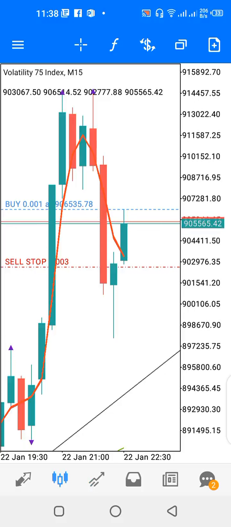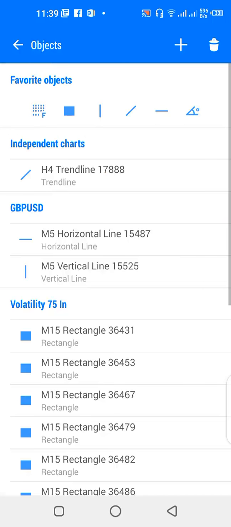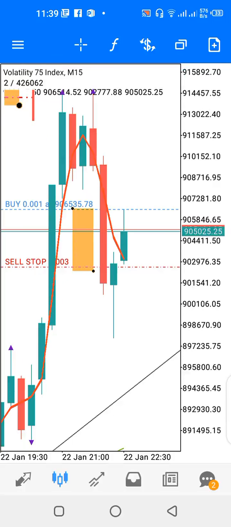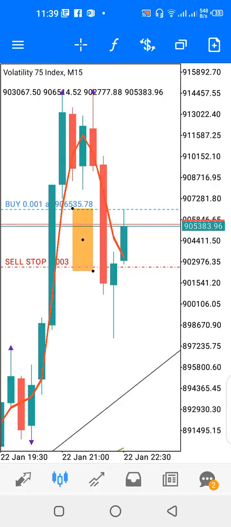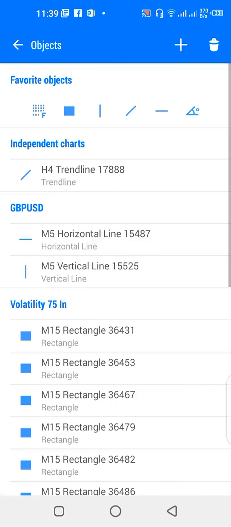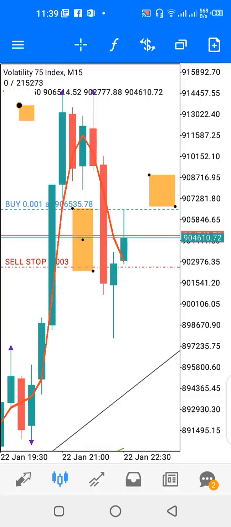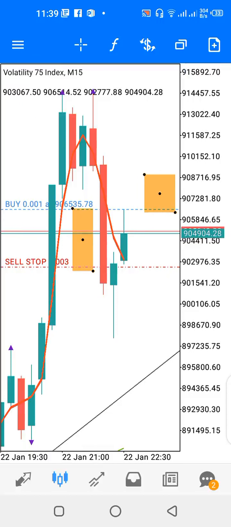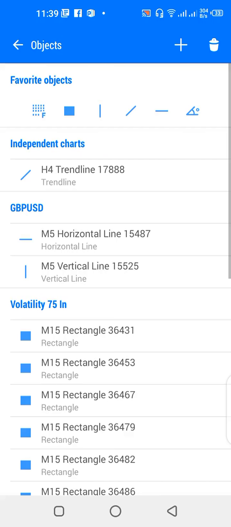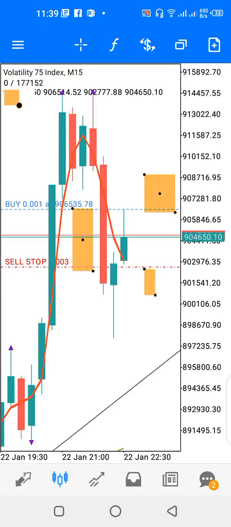Okay, so for Grail strategy, the distance between the buy trade and the hedge trade is a little bit below 4,000 points. Now you take profit on either side. Take profit on this side will be 2,500 points for volatility 75 index, and take profit to the other side is around 2,500 points.